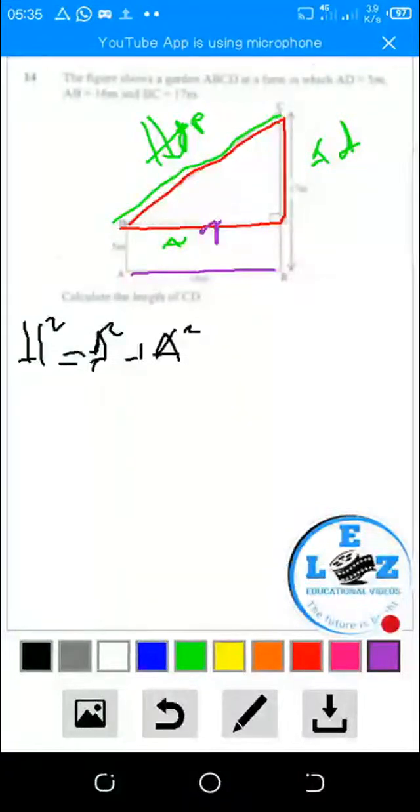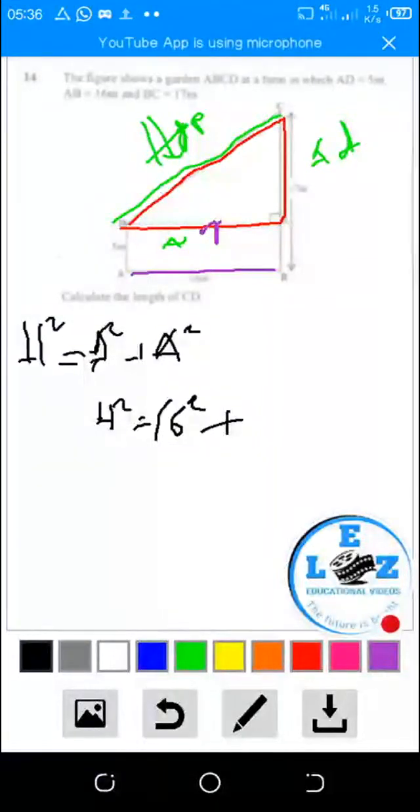So we write hypotenuse squared is equal to 16 squared, ignoring the units for now, plus the adjacent CE.